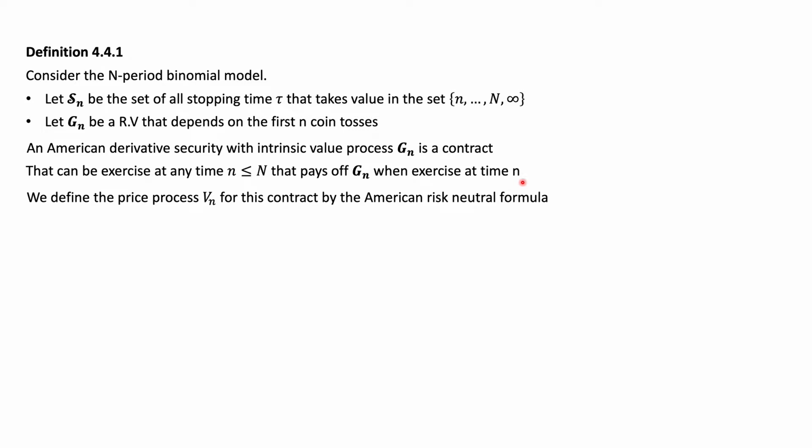And now, if we're trying to understand the value process, the price process of this contract, then we can use this relation here using the risk neutral pricing for American derivatives that are path dependent.